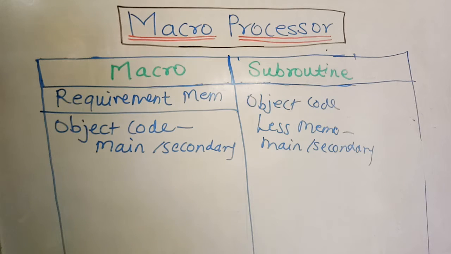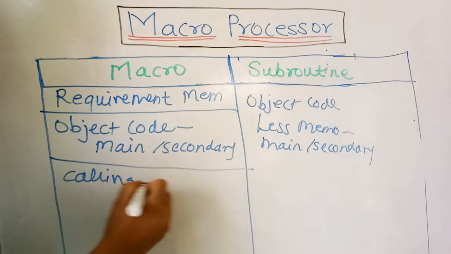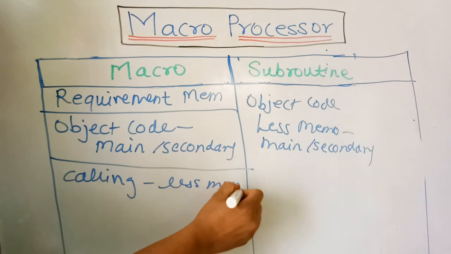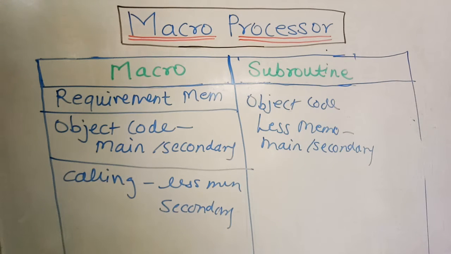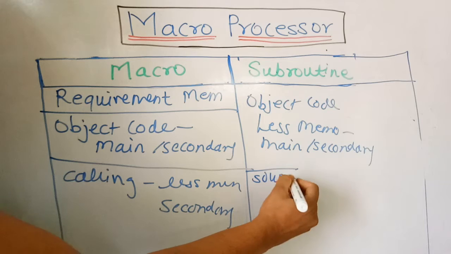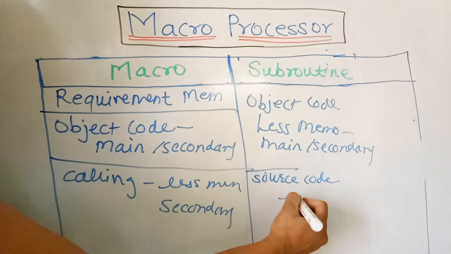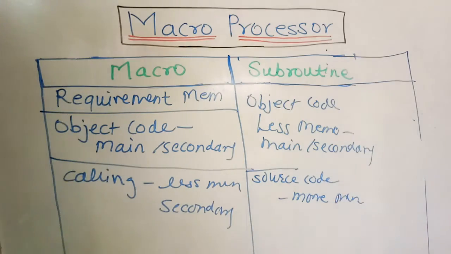It depends on the macro call statement, meaning while calling, it requires less memory in terms of secondary storage. But talking about the subroutine, its source code requires more memory in terms of the secondary.